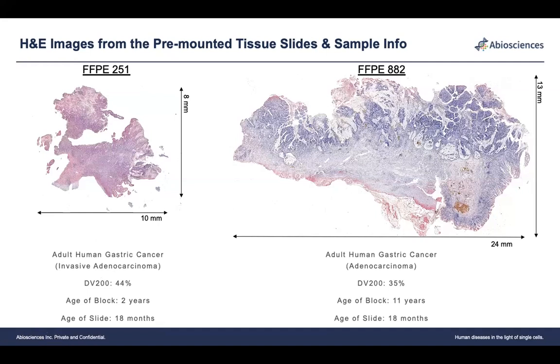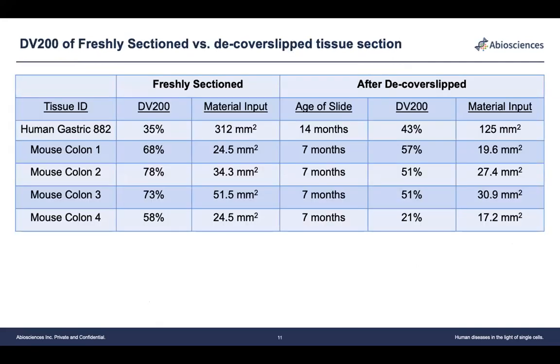We also have sections that we cut, H&E stained, and just archived on the side. After 18 months, since CytAssist was available, we decided to use those slides that had been cut 18 months ago to validate the CytAssist workflow.